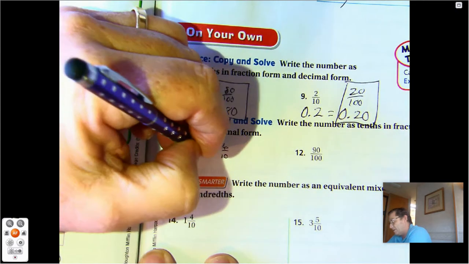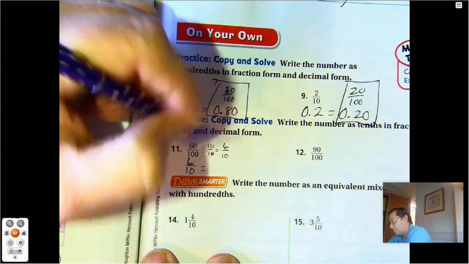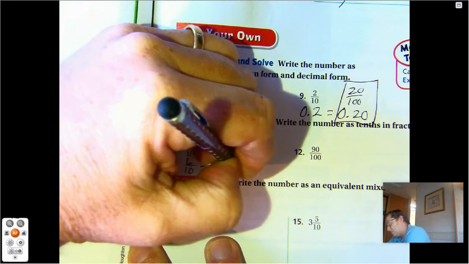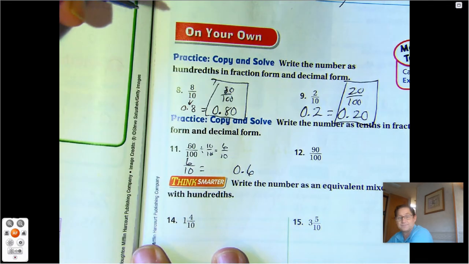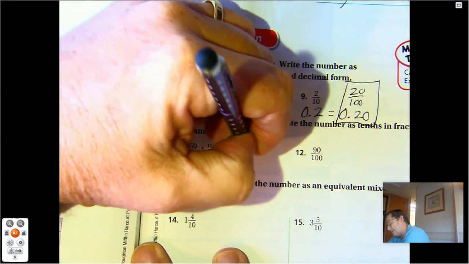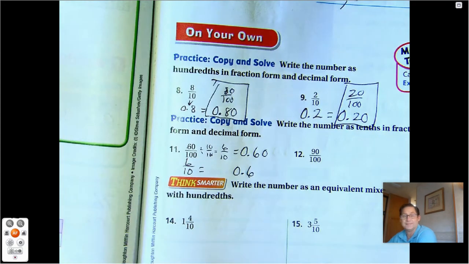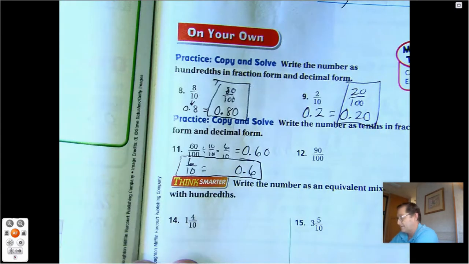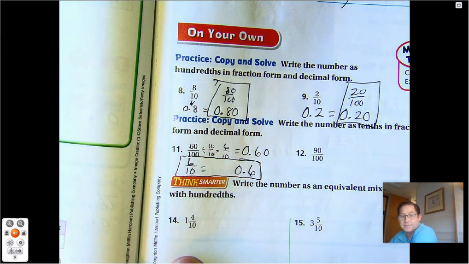Okay, so 6 tenths we know is the same as 60 hundredths. We write 6 tenths as 0.6. 60 hundredths we write as 0.60. So 60 hundredths as tenths would be 6 over 10, and the decimal would be 0.6.